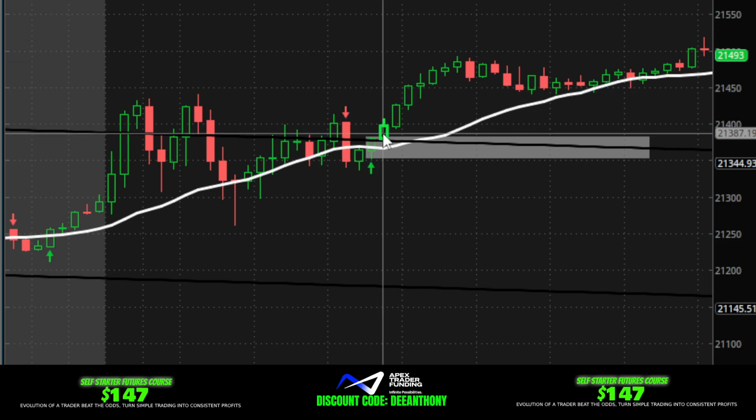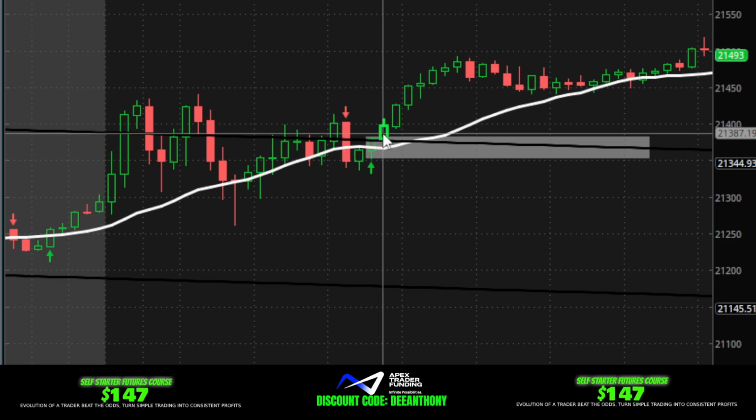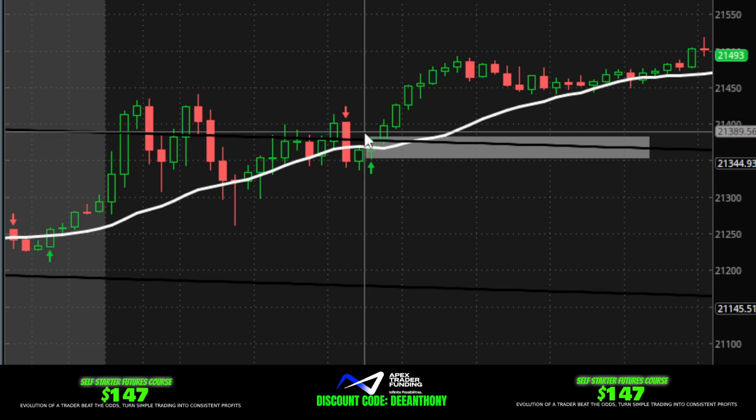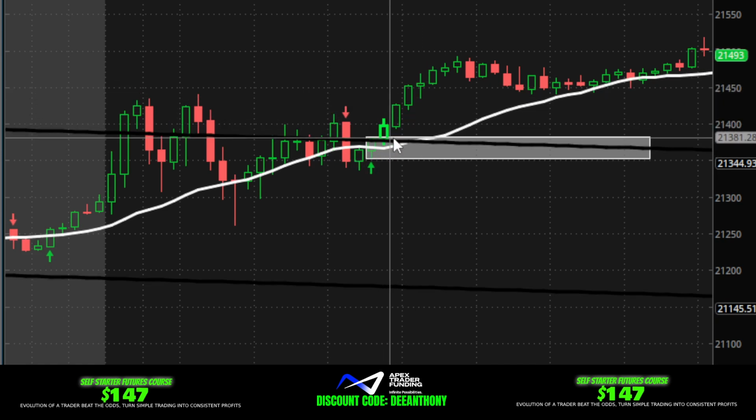Your entry is here on the following candle. So if you want to backtest this, go ahead and look at January the 3rd. Look at 11:20 in the morning Eastern. That is your entry candle. Your reason why candle, your pivot, is 11:15. Look at that setup, study that setup.